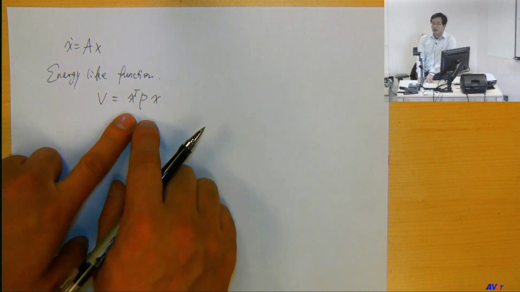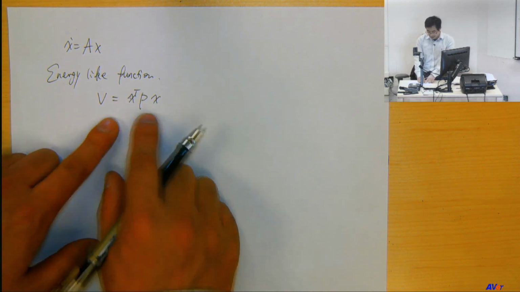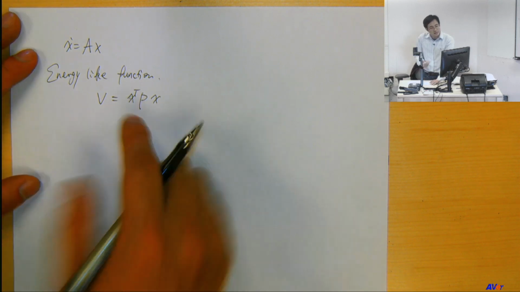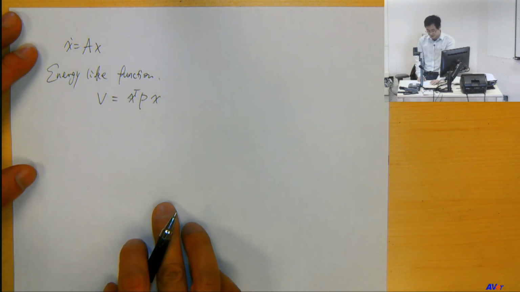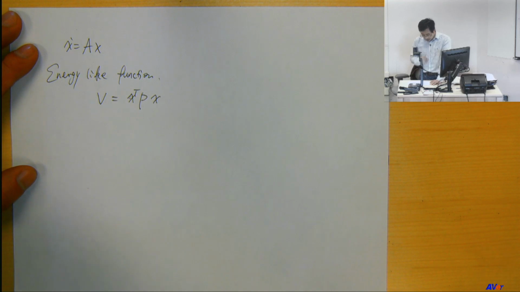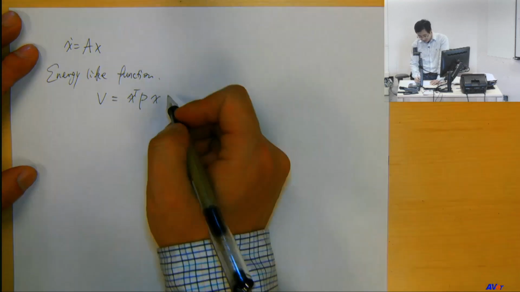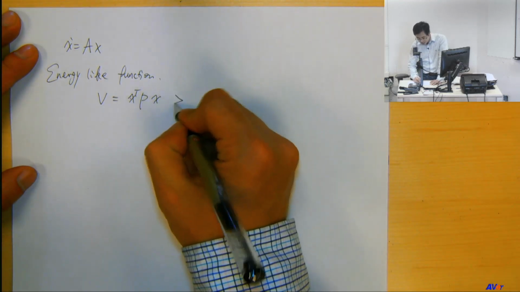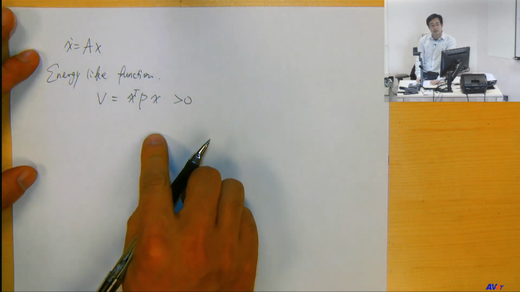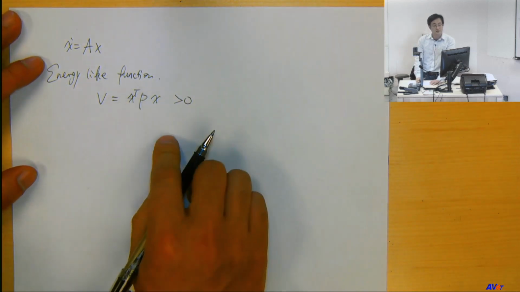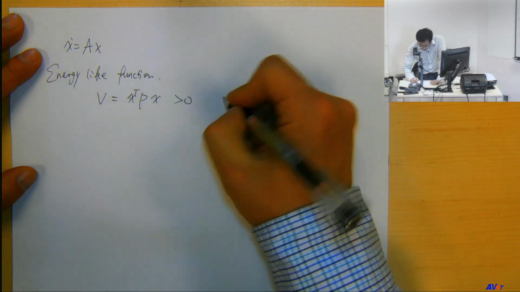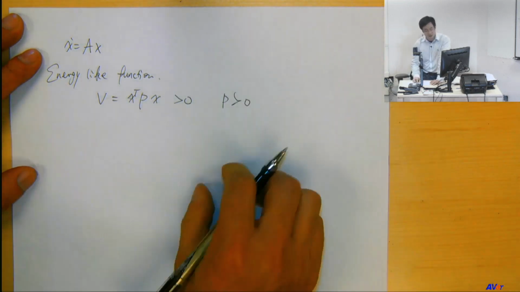And P, we'll think about P later, but this is some kind of structure that seems to be suitable to describe the energy. So what we want is that this one is going to be positive. It's going to be a positive definite function. So we want P to be positive definite.